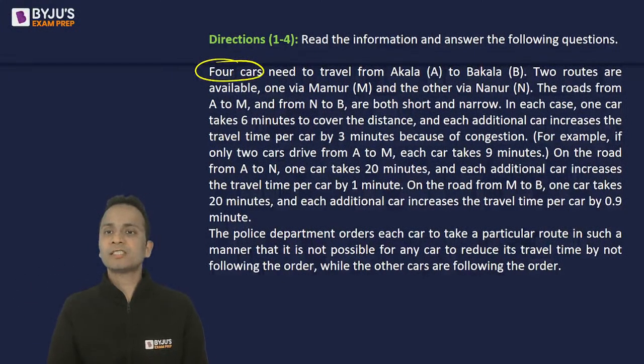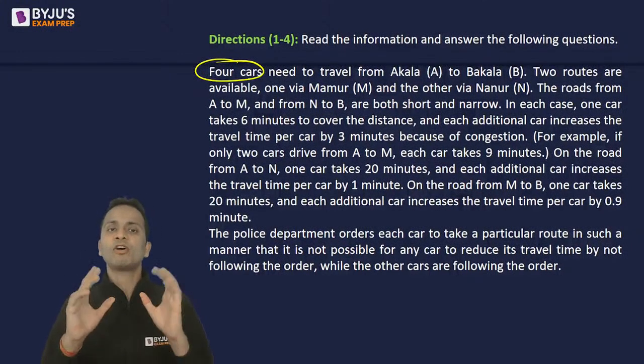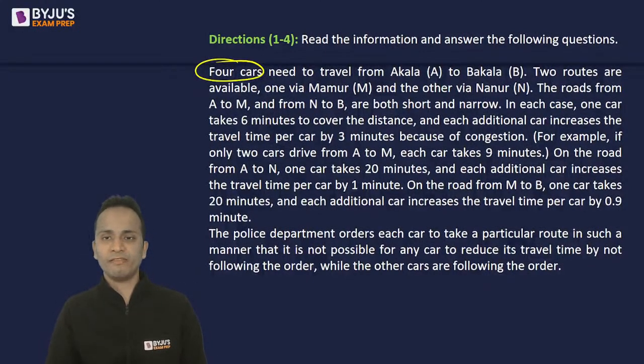In each case, one car takes 6 minutes to cover the distance. Each additional car increases the travel time by 3 minutes for the first two roads. Now the police department orders each car to take a particular route in such a manner that it is not possible for any car to reduce the travel time further.